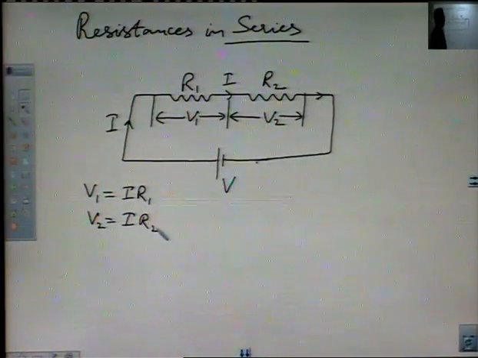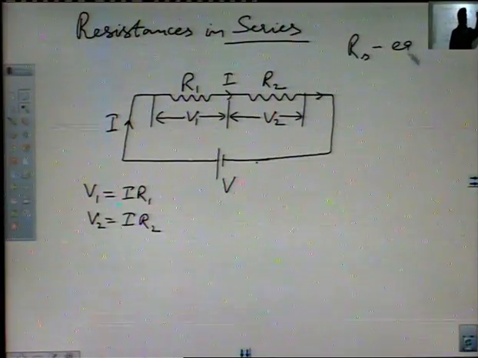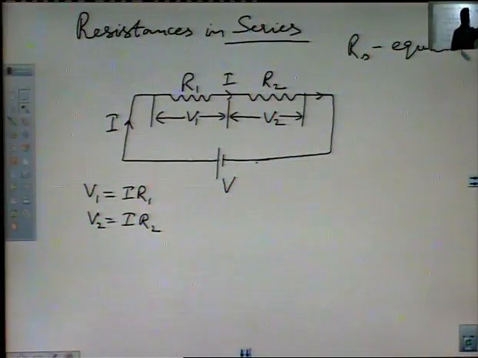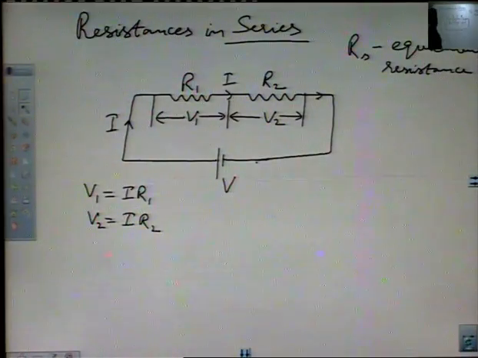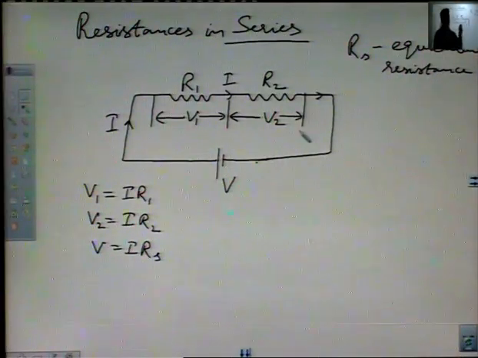Now, suppose Rs is the equivalent resistance. Then for Rs we can write V is equal to I Rs, because when Rs is the equivalent resistance, the whole of this potential drop will appear across Rs.